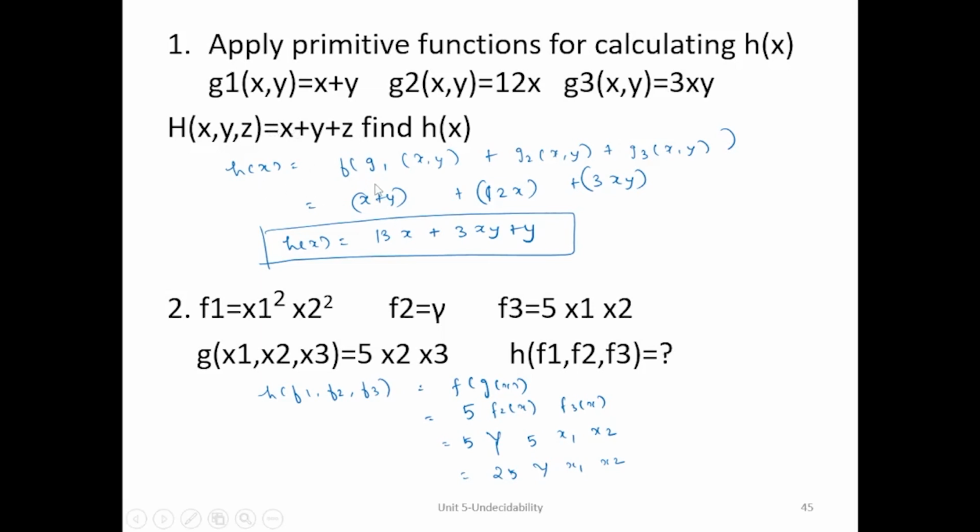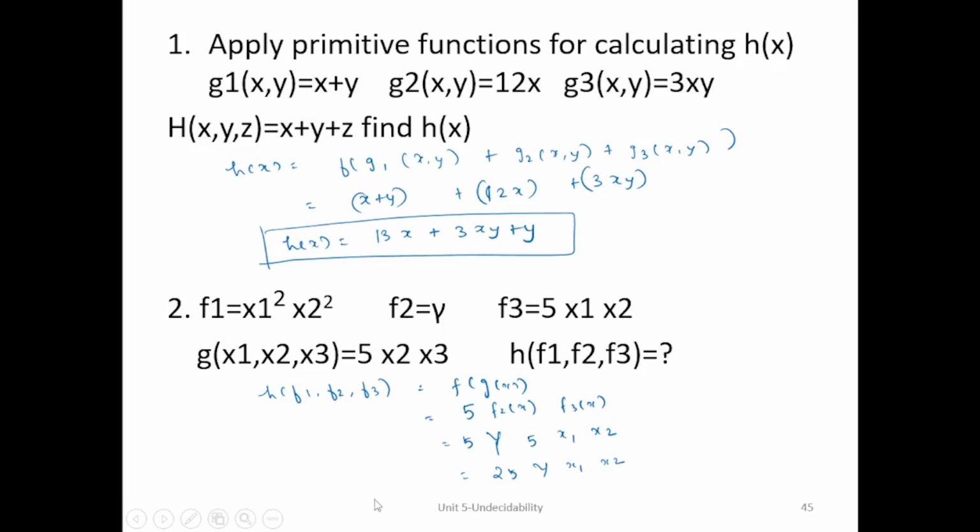So h of x is equal to a sum function. In this function, three variables should be used and summed. So g1 of x y plus g2 of x y plus g3 of x y. You substitute those values. Here a common x value is available: x plus 12x means 13x, only one common variable, plus 3xy plus y. So this is the answer.